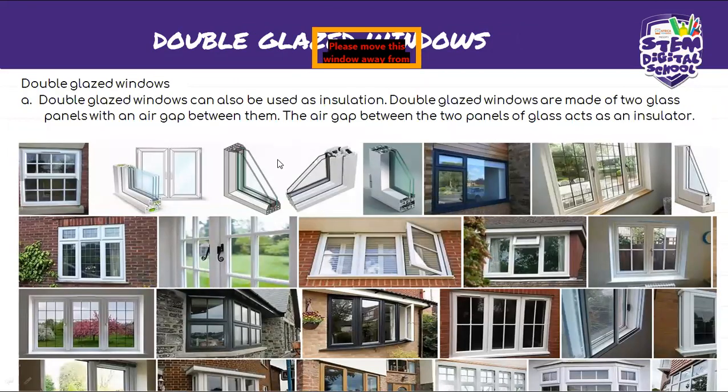Another technology that we spoke about is double glazed windows. Double glazed windows can also be used as insulation. They are made of two glass panels with an air gap between them. The air gap between the two panels of glass acts as an insulator.